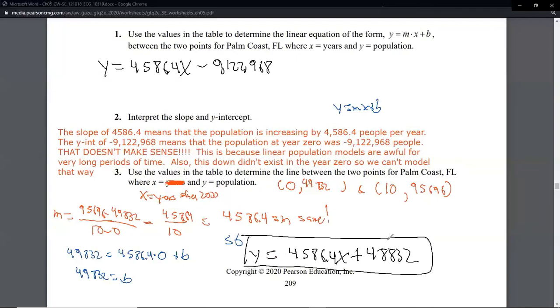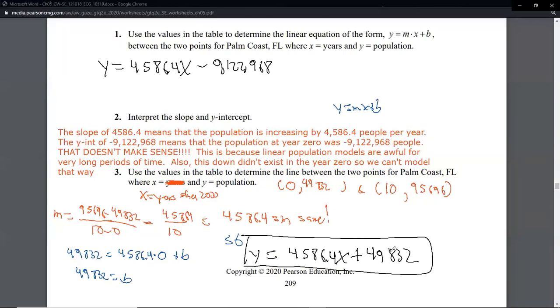Same slope, different y-intercept. That looks like I wrote a wrong number, 49832. It looks like I wrote a wrong number because I did write a wrong number, to be honest. I wrote the 8 twice.